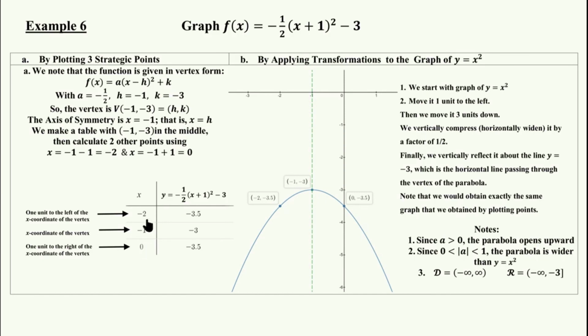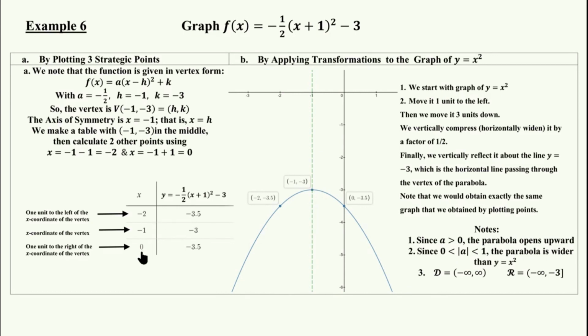So notice that when you plug in negative 2, you end up with negative 2 plus 1, which is negative 1 squared. That's 1 times negative 1/2 will be negative 1/2 minus 3. So that's negative 3.5. That's where the negative 3.5 comes from. Now, because of symmetry, this should give you the same thing, right? But never trust that, because you may have made a mistake here.